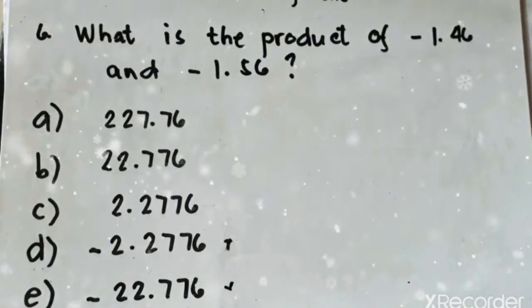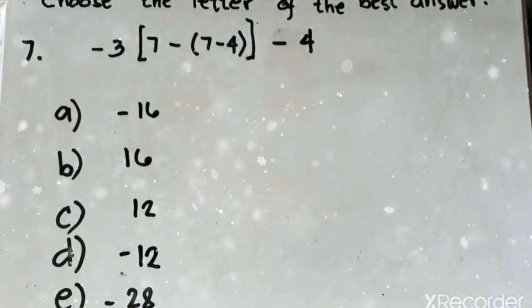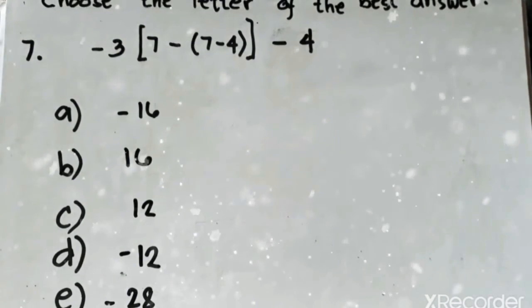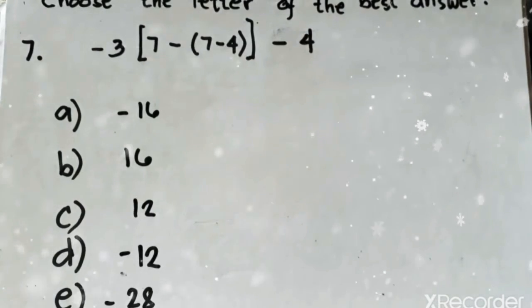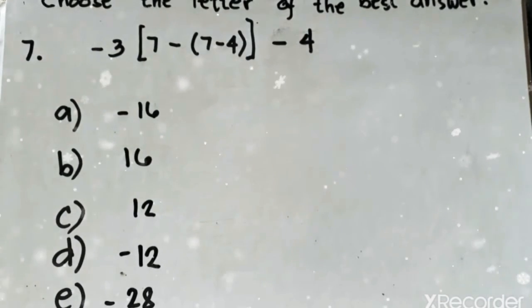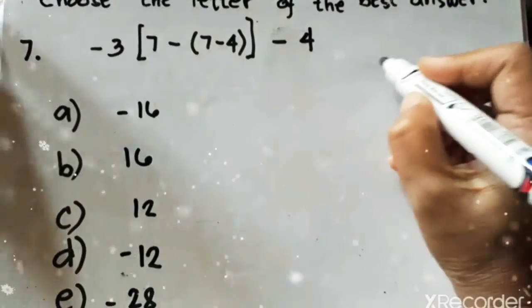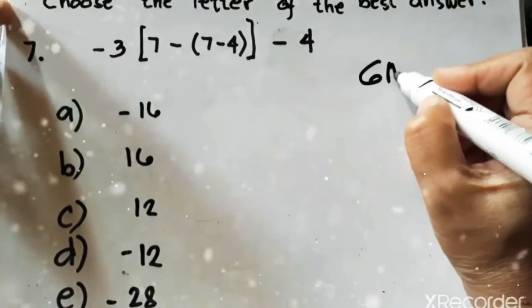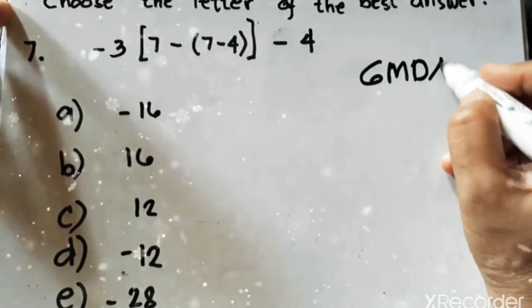Analyze. Okay, number 7 of our compiled set questions for UPCAT, ASSET, DUST, and SASE. So in number 7, our GIMDAS rule applies.